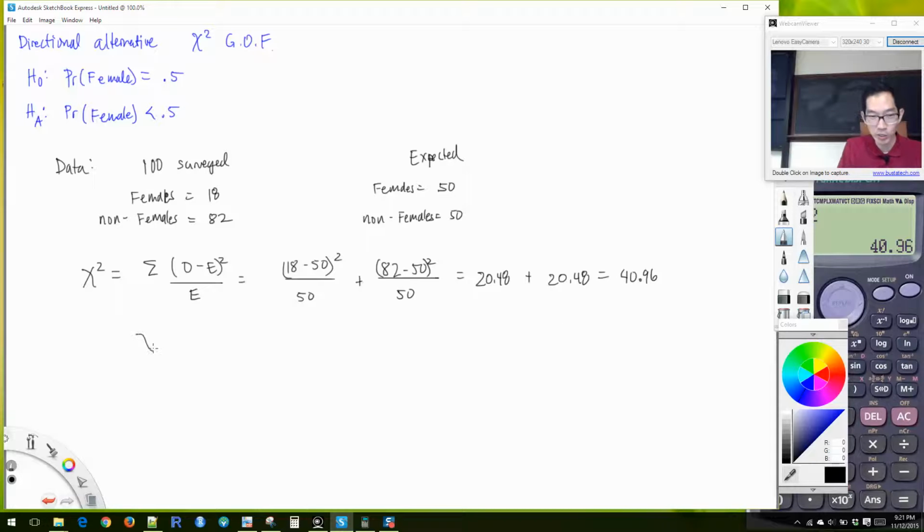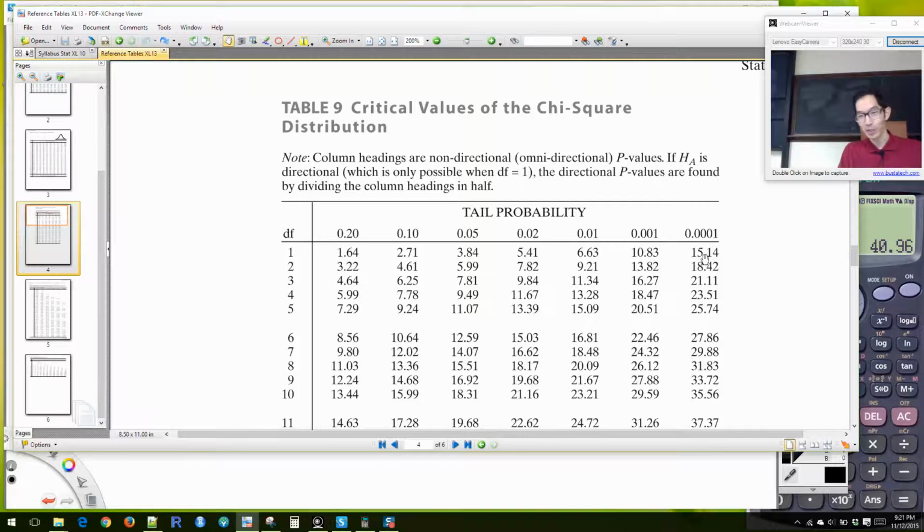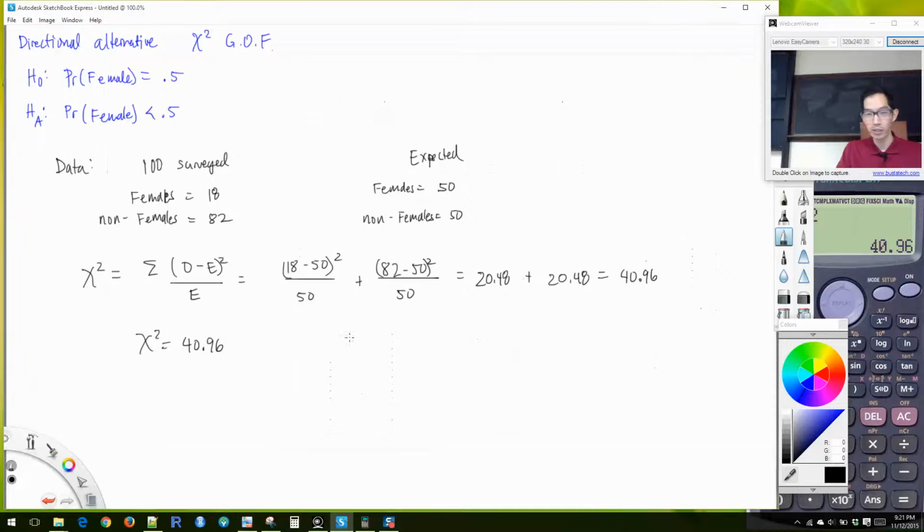So anyway, our chi-squared statistic is 40.96. We look this up with 1 degree of freedom. Our table goes up to 15.14 and it says 0.0001. So our p-value, our tail area, is going to be less than 0.0001.